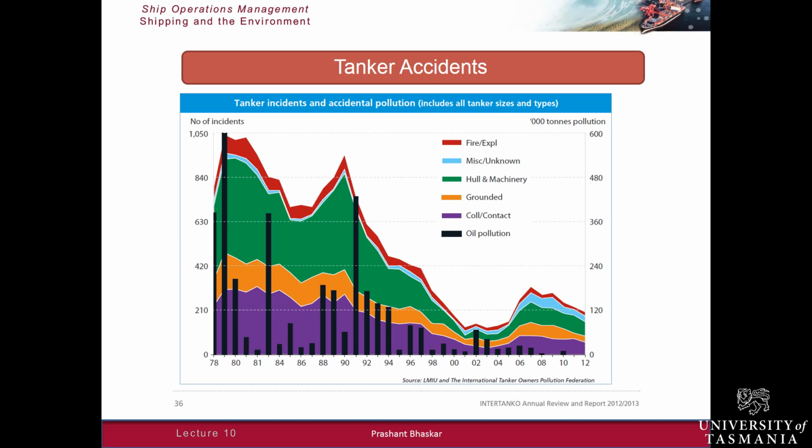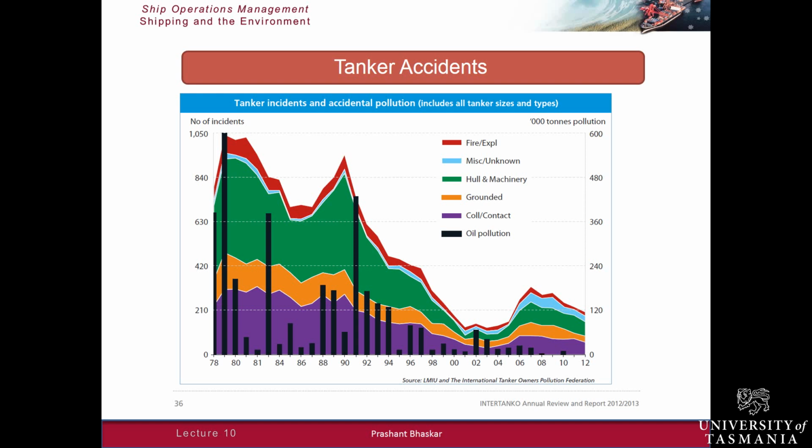That could be ships taking bunkers, or loading or discharging in ports, or it could be caused by accidents, like groundings, fire, etc. Most spills from tankers result from routine operations such as loading, discharging, and bunkering, and these would normally occur at ports or at oil terminals. The majority of these operational spills are small, and according to ITOPF, 90% of the oil spills involve quantities of less than 7 tons.